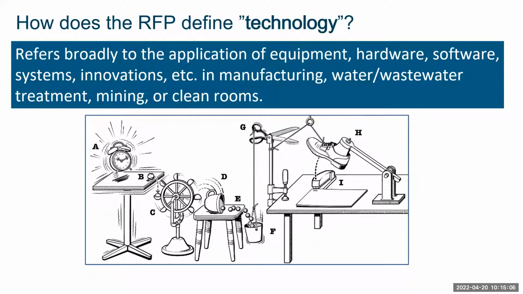It can be equipment, it can be hardware, it can be software, it can be sensors, it can be a combination of those things, but it has to be something that's retrofit to an existing industrial system that improves its performance. And in a couple of slides from now, we're going to talk about what we mean by performance improvement. And the system that it's retrofit to has to be some part of some type of manufacturing process or step or used in those other industries that I just talked about. Next slide, please.